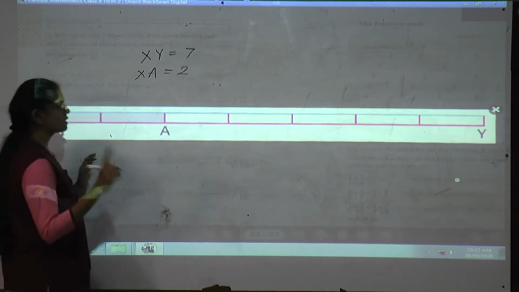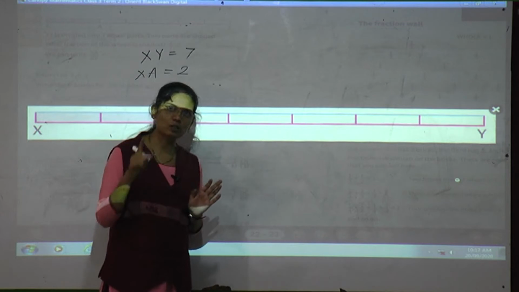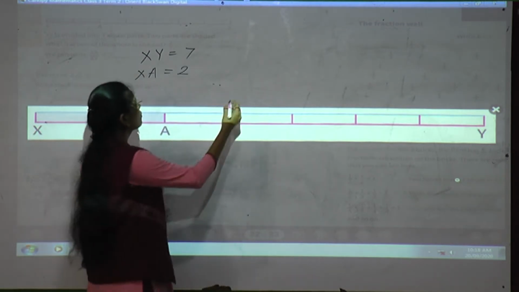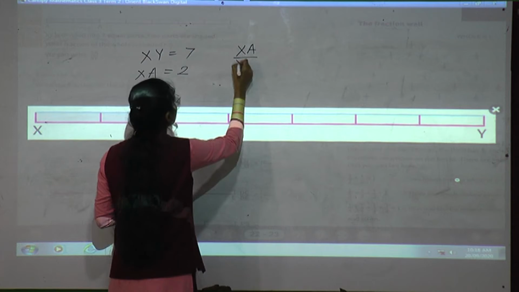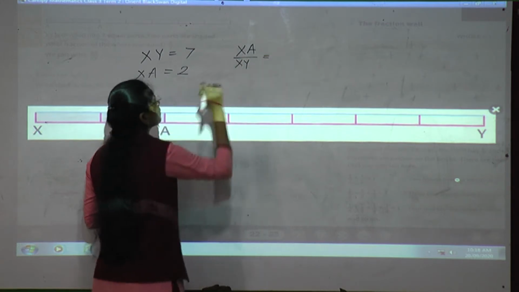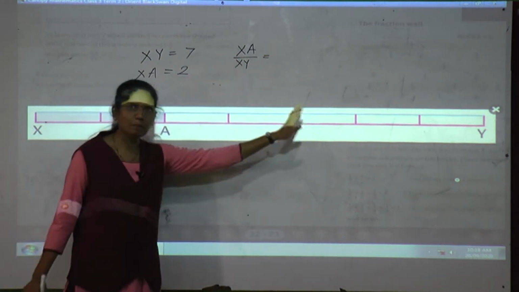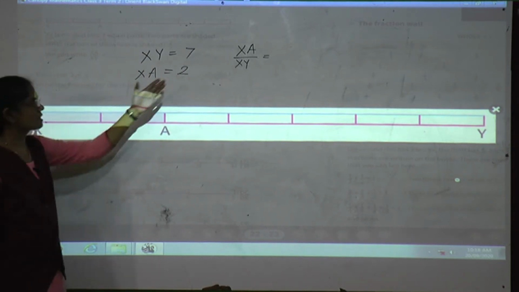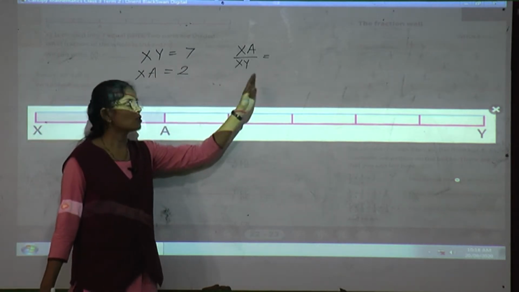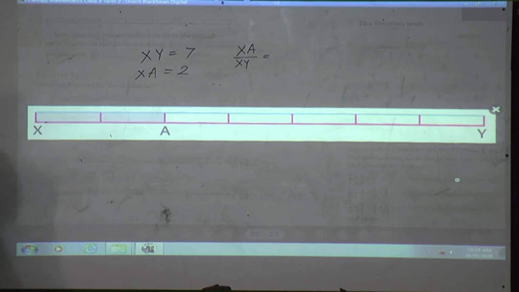Now see students, I have to write the fraction of the shaded part. So what is the fraction of the shaded part? XA by XY. XY means total parts and XA means what? Shaded parts. So how will you write the fraction of shaded part?